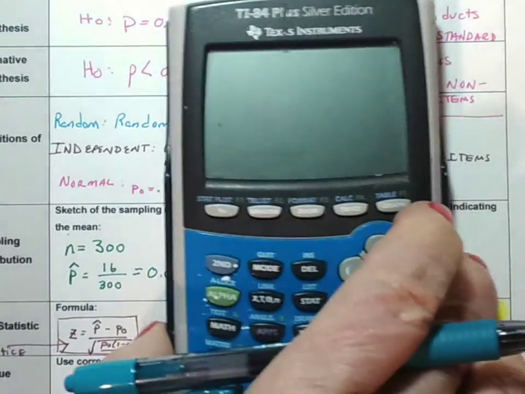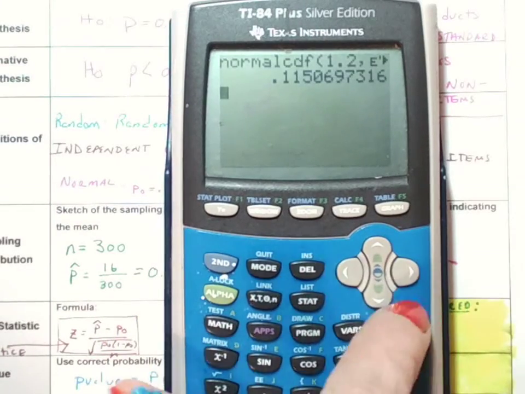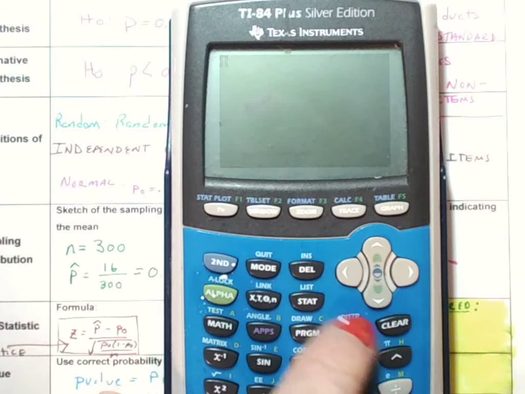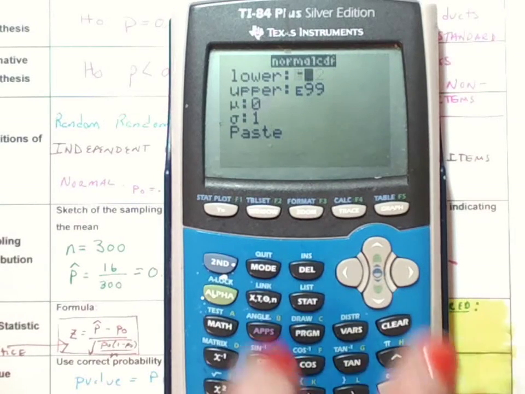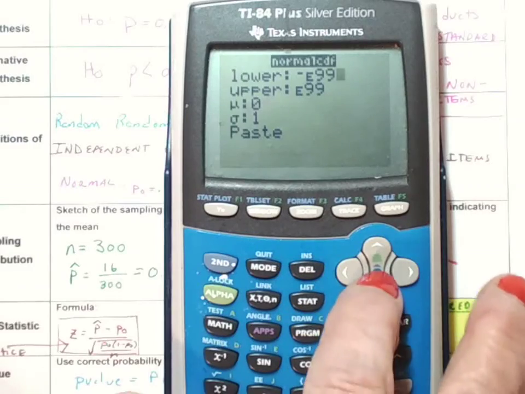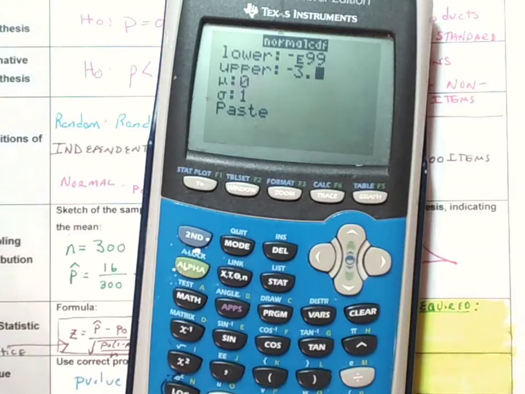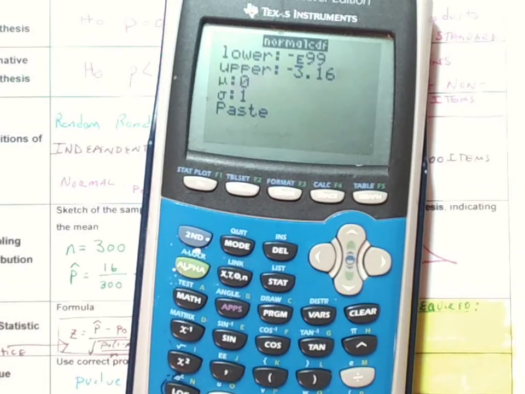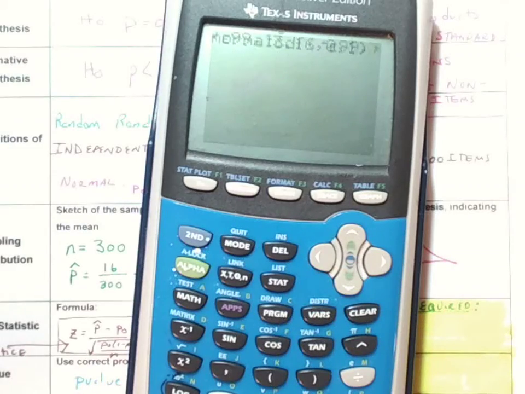So just as a review, to find that, you're going to go to normal CDF. Now my lower bound is a very small number. I can use negative infinity. And it's going to go to negative 3.16. It's a standardized score. Hit paste.